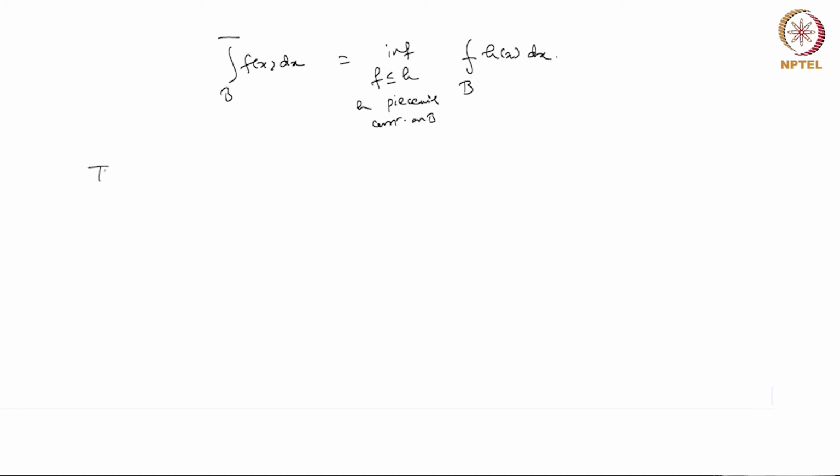So with these notions we can write the theorem, which is a generalization of the previous theorem to arbitrary dimensions.